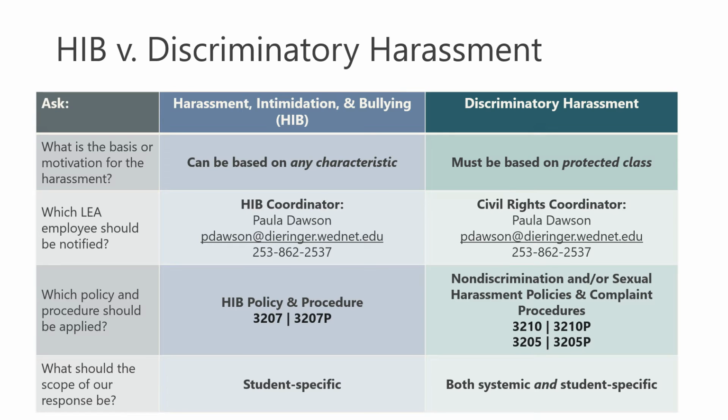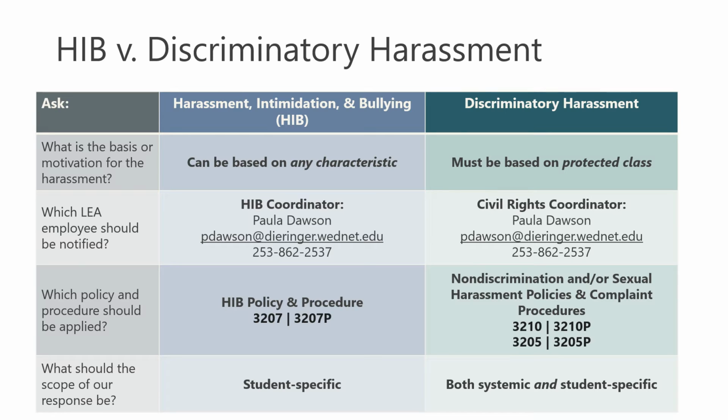Finally, the scope of the school's response will likely differ. When addressing incidents of HIB, the response is often student-specific and more limited in nature. In other words, the school typically asks, did the conduct occur? And if so, how should we discipline the perpetrator?